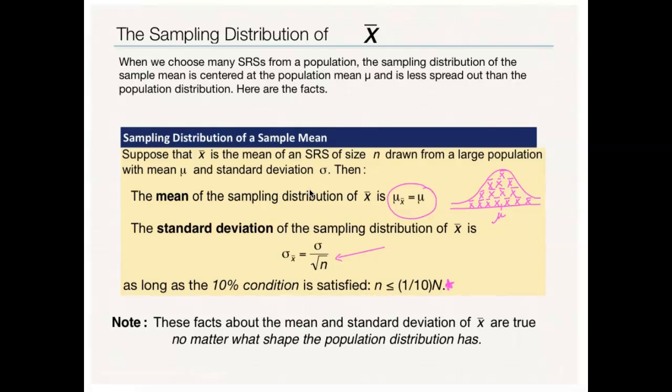And that's just so that we can consider the individuals in the sample to be independent of each other. All right, and these are formulas that are in your formula packet. So we know the center, we know the spread.